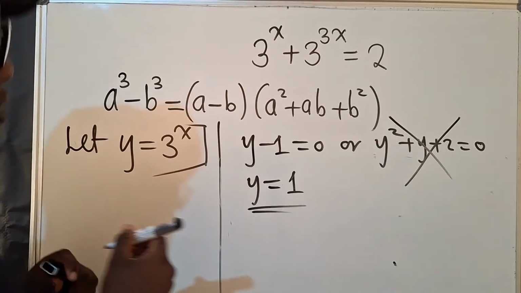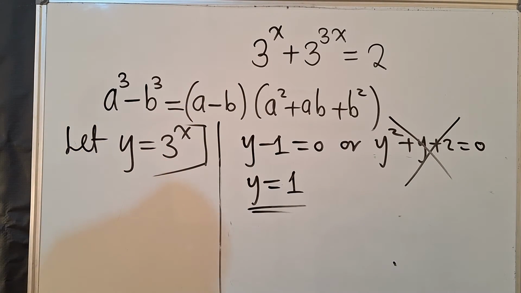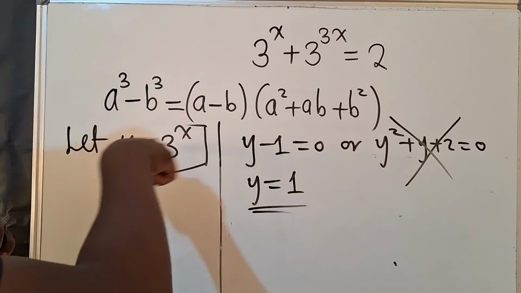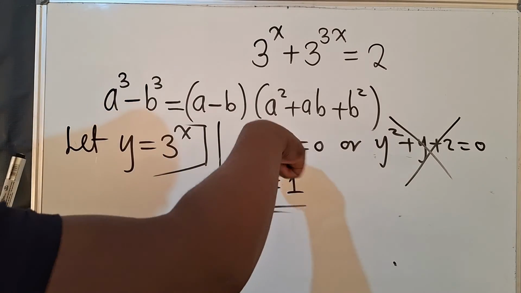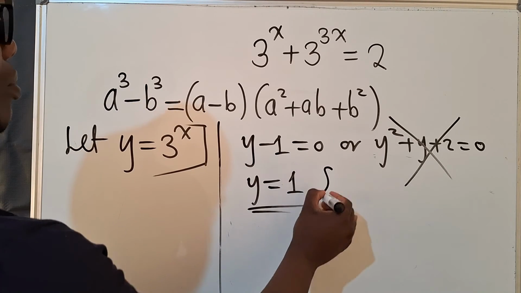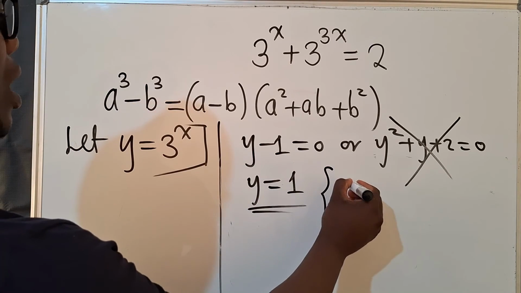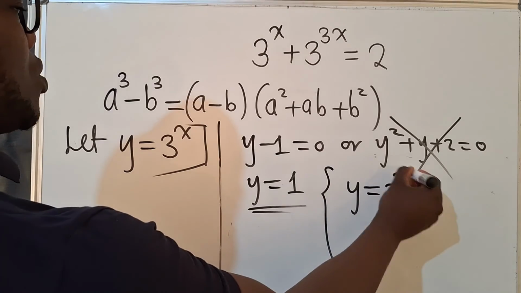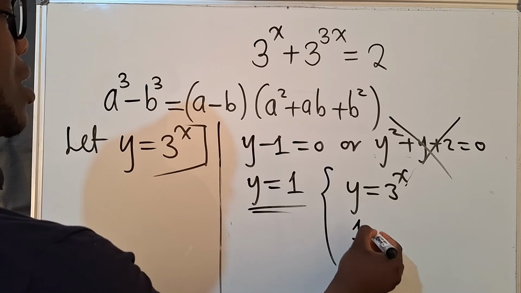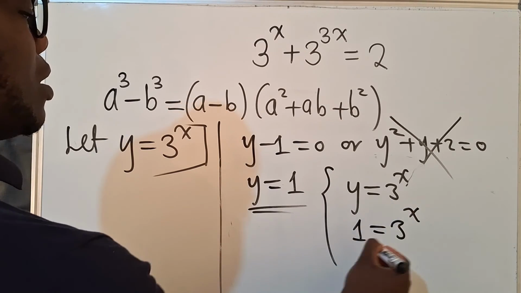Don't solve the second one because it will give you complex solutions, and for complex solutions, it can't give you the actual solution when you use this equation. So we just solve the first one, and then we bring back this. Where there is y, we're going to substitute the value of y. So the value of y here is 1, which is equal to 3 power x.